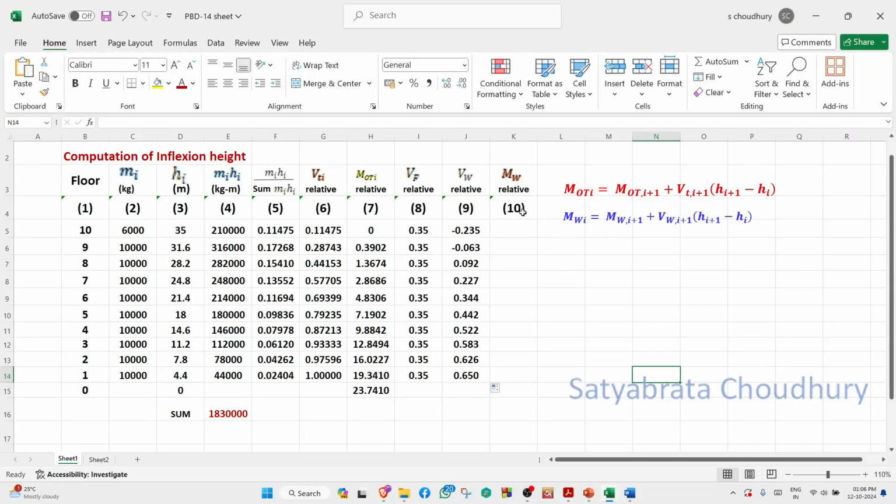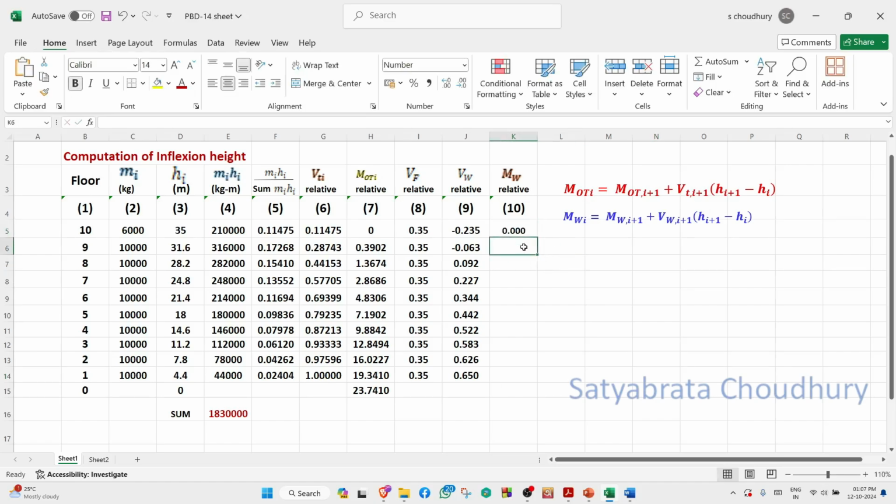Now the wall moment can be obtained from this formula. Current level moment equals the immediately higher level moment plus the immediately higher level shear into interstory height for the current story. So as earlier, equal to, this will be 0 because at the top the distance is 0, so this is 0.